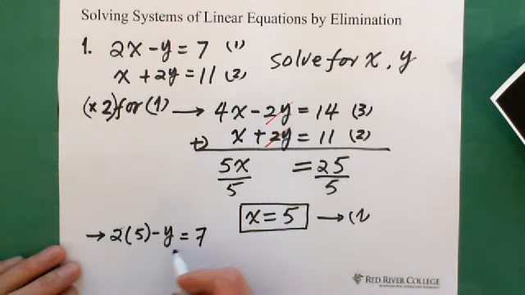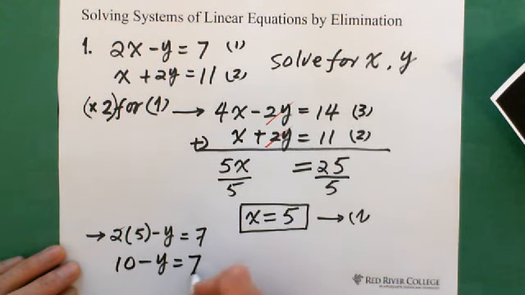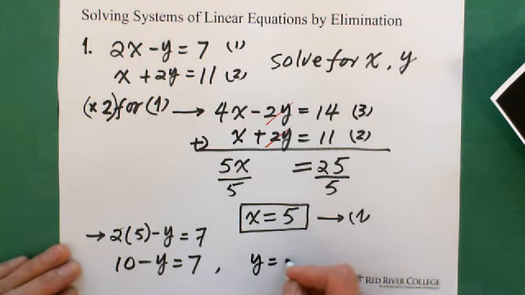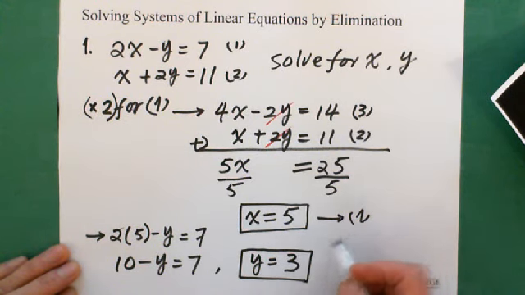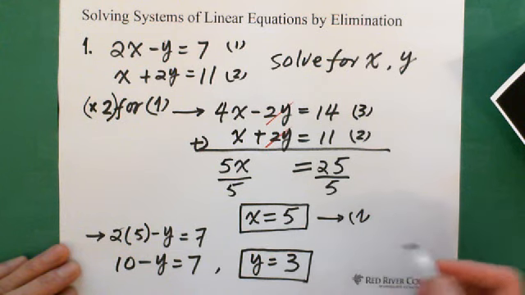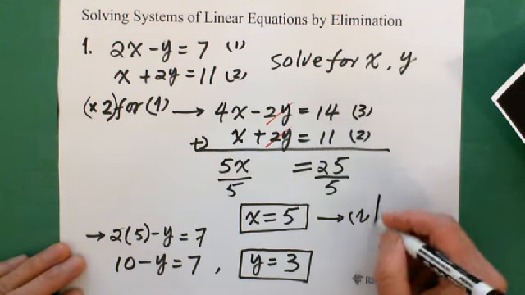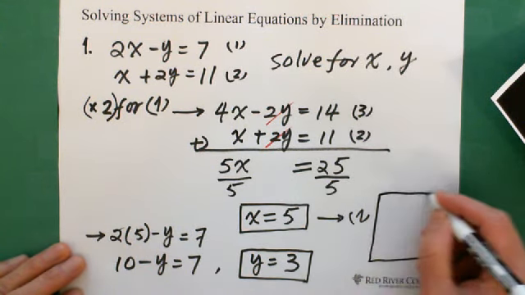Then you get 10 minus y equals 7, so obviously y equals 3. So you got x equals 5, y equals 3. This is the answer.